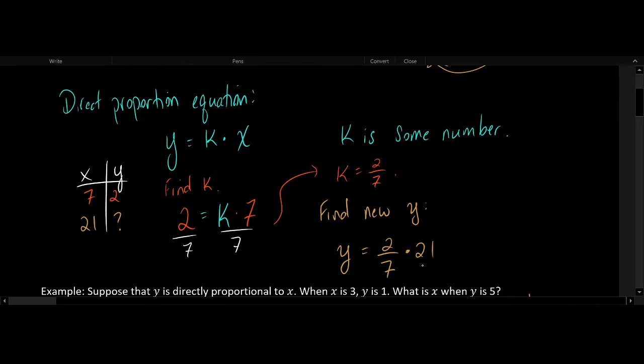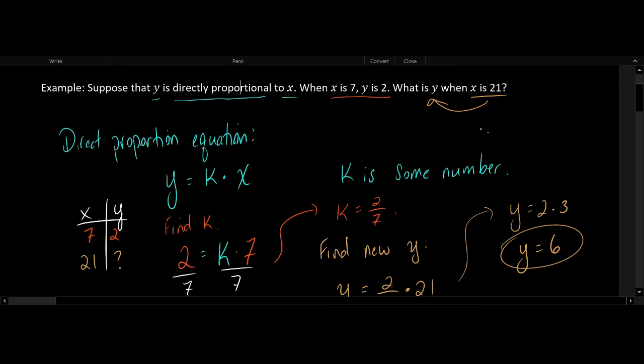Now we can simplify this a little bit. 7 goes into 21 3 times. So this is equal to 2 times 3. So y is equal to 6. And so we could say, okay, the y value associated with x equals 21 is 6 in this problem. And that would answer the question.